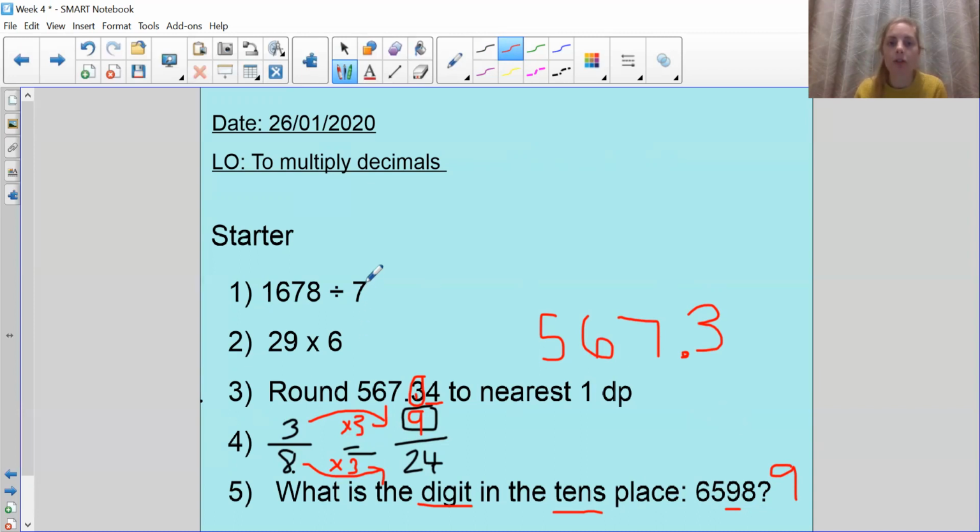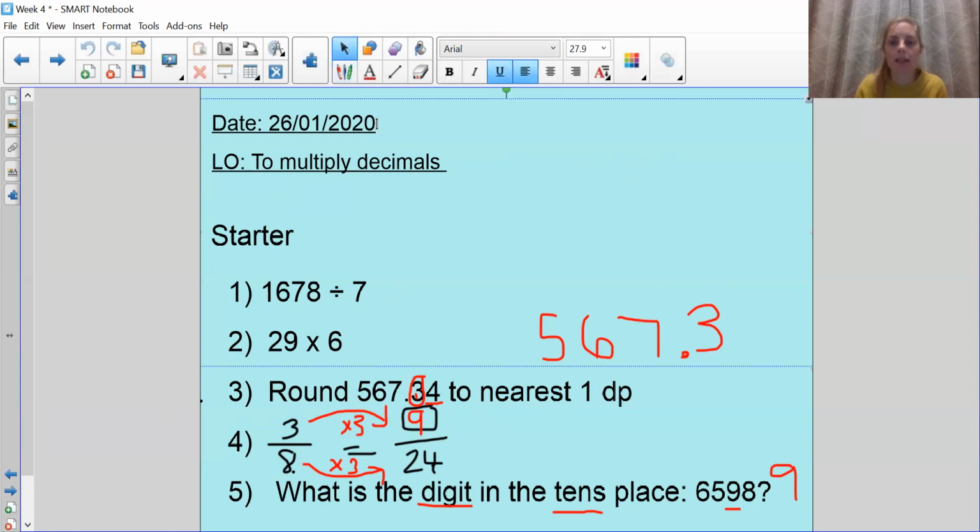Okay, remember those who are struggling a little bit, go back, rewind, see if you can figure it out when we've gone through the answer so that you can really learn from your mistakes. Now, as I said, we're going to be looking at multiplying decimals. Now, we have done this, but there are some children who haven't been able to get on and complete the online learning tasks. So we're just going to go through it again.